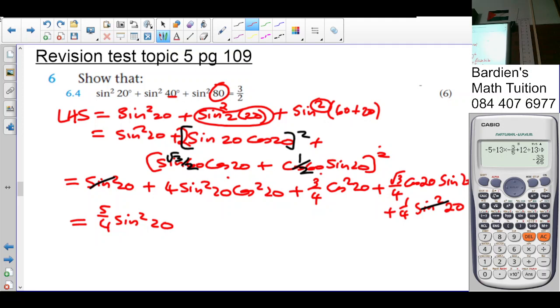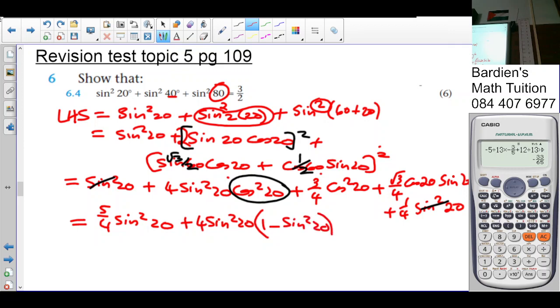There's no like term to 4 sine squared 20 cos squared 20, so what I'm going to do is replace that with something dealing with sine. So it's going to become plus 4 sine squared 20 into 1 minus sine squared 20.